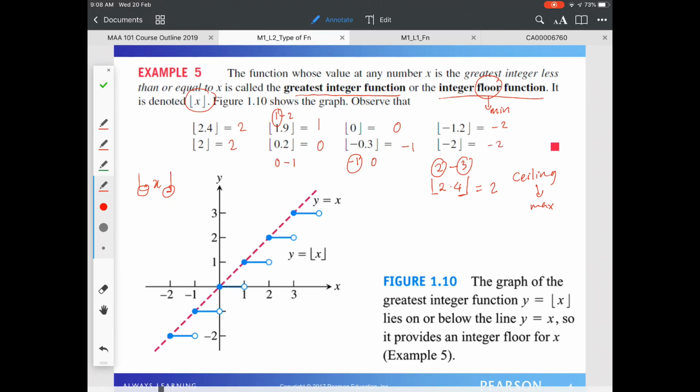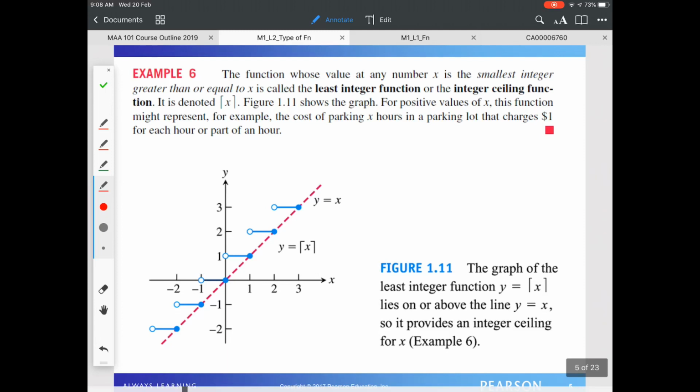So if you try to draw this kind of function over the intervals where it is defined, we always take the minimum one, and you can draw it as step-like straight lines. This is what we call the greatest integer function, or in computer science the floor function, integer floor function, minimum function.